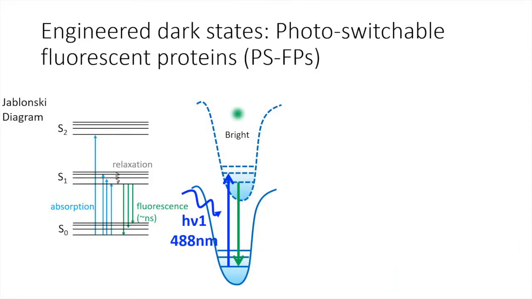So I just want to introduce one special kind of fluorescent protein called photo-switchable fluorescent protein. For general fluorescence, after the excitation, you will see the emission, the fluorescence.